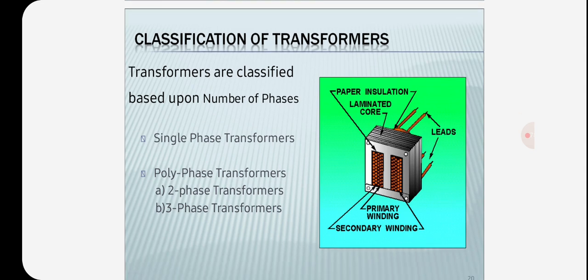So first one, transformers are classified based upon number of phases. So depends on number of phases, single phase transformer and polyphase transformer. In polyphase means it has two phase transformer and a three phase transformer. We are using only three phase transformers.